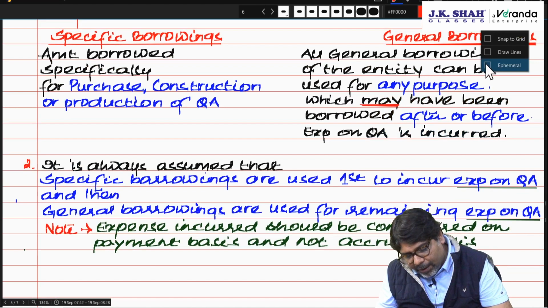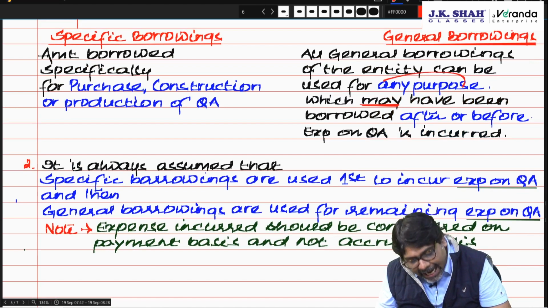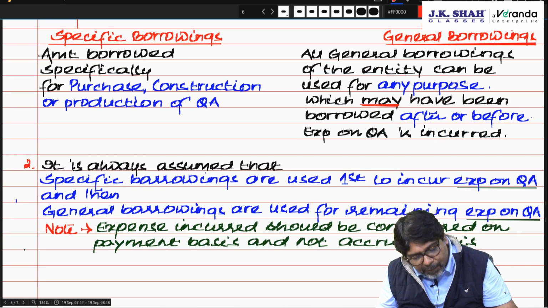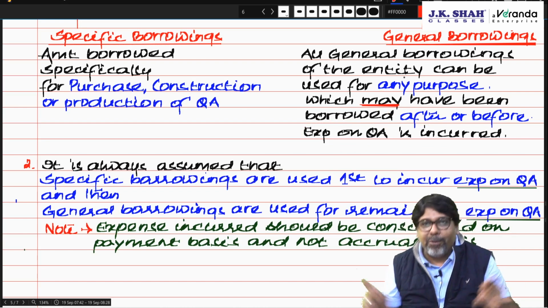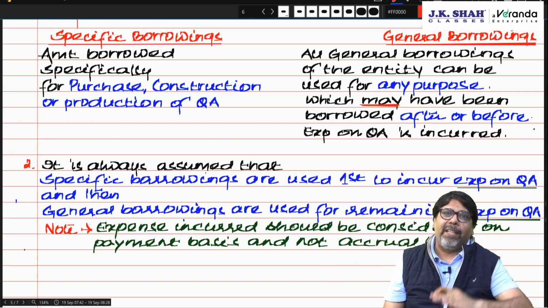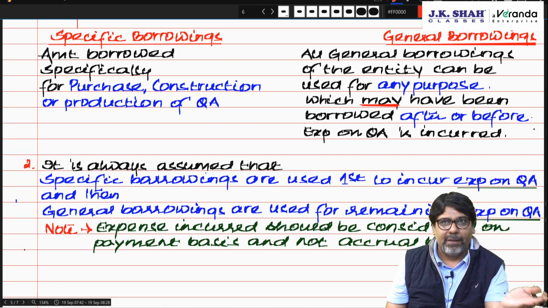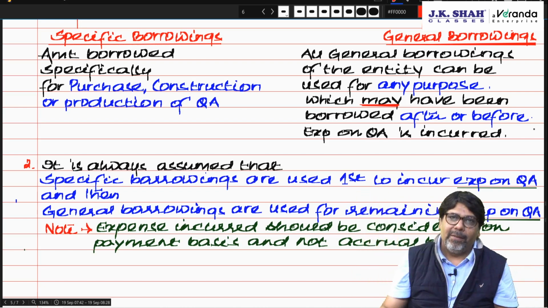All general borrowings of the entity can be used for any purpose, which may have been borrowed after or before expenses on the qualifying asset are incurred. Any, that means you don't have to match 1 to 1, before or after. If you have taken the loan before you going abroad, that means the extra money could have been used to repay the loan.